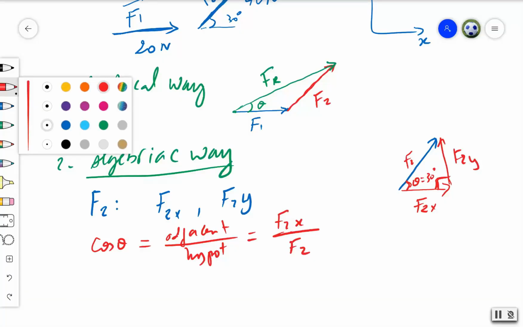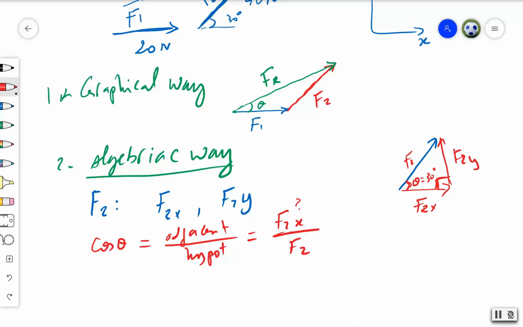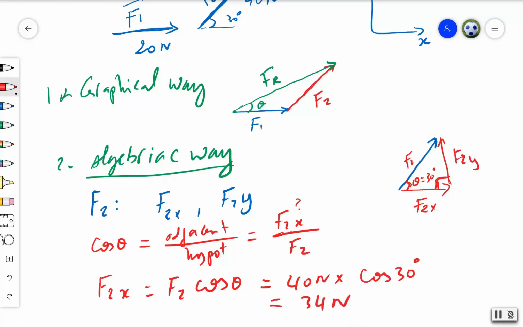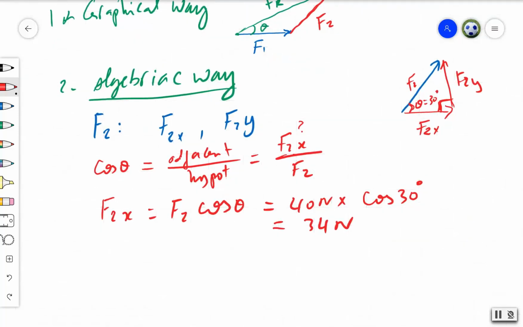Because I know theta, and this is the unknown, from here we can do F2x equals F2 cosine theta, which is 40 Newton times cosine 30 degrees. So what is cosine of 30 degrees? You can calculate that using the calculator, and this will give me 34 Newton. That's F2x.